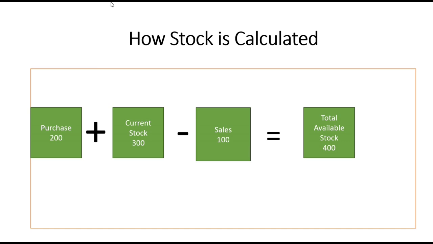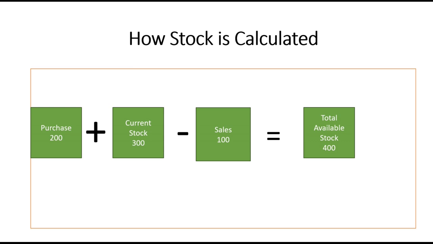In the month of August, I want to calculate the total inventory stock available with me. So what is it exactly? The stock available with me on 1st August is 300 tables. I purchase in the month about 200 tables, so 300 plus 200 comes to 500.